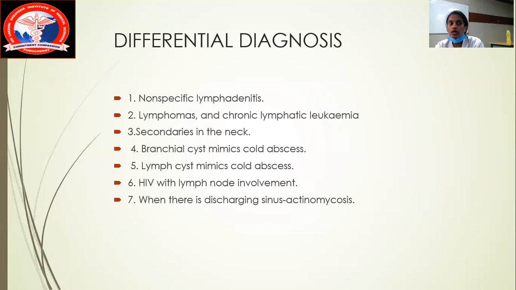In that case the patient most probably can have two differential diagnoses: as we know, we can think about tuberculosis as well as actinomycosis, because tuberculosis has an attraction towards actinomycosis. So we can start thinking about actinomycosis when there is a discharging sinus.